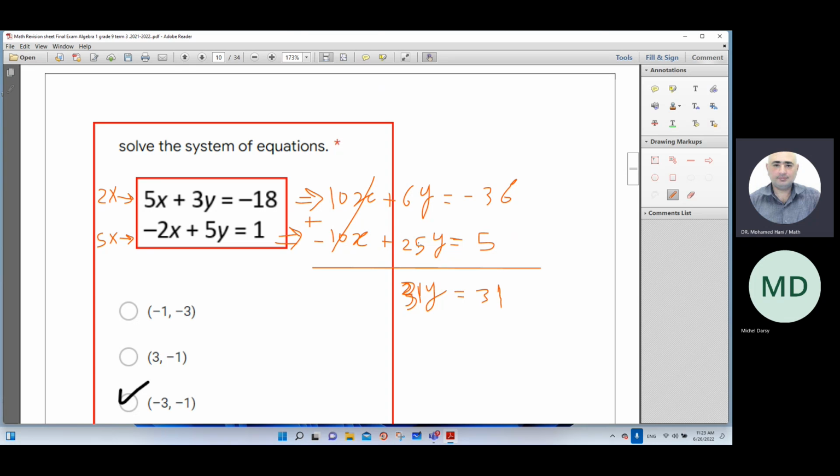Sorry, here 6 plus 25 will be 31, and here -36 plus 5 will be -31. So you can divide the two sides by 31, so y equals -1.